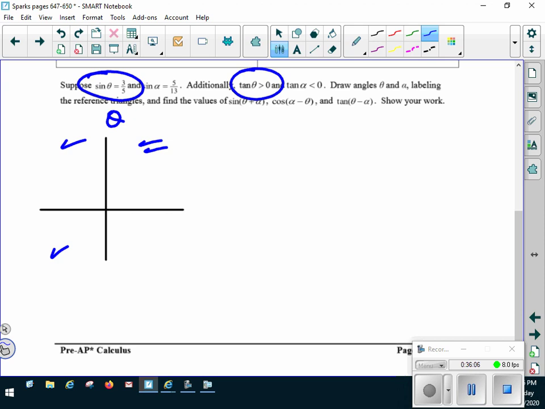So let's draw theta. I'm going to draw a reference triangle in quadrant 1. There's my theta. We're going to draw it based on the fact that the sine of theta is 3/5. How do we show 3/5 as the sine of this angle? You've done this.